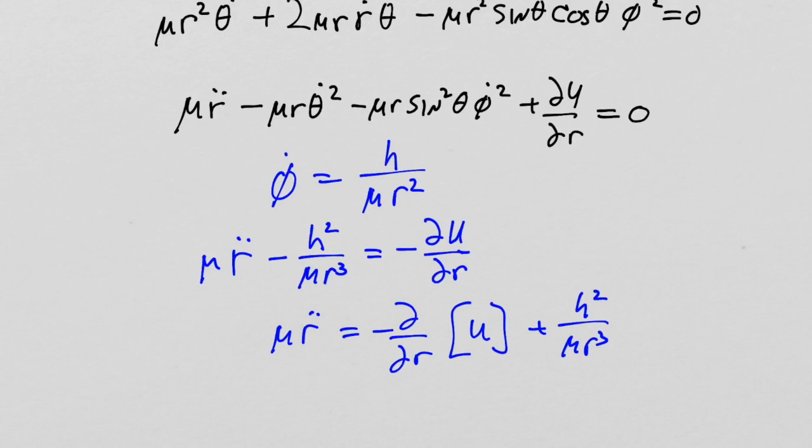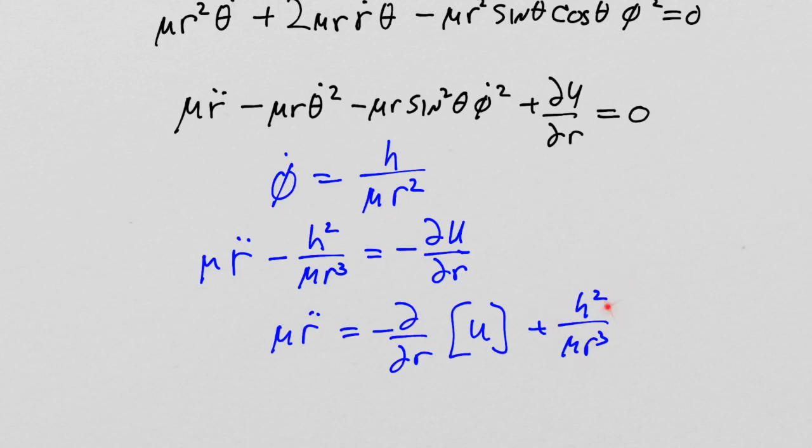This term here is the actual potential. This is the physical potential that exists because of the central force, right? Somehow there's a potential field out there that produces this central force. But there's this other force that depends on the cube of the radius that also exists.